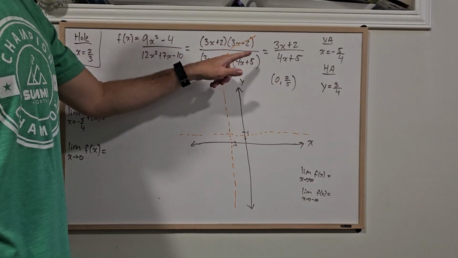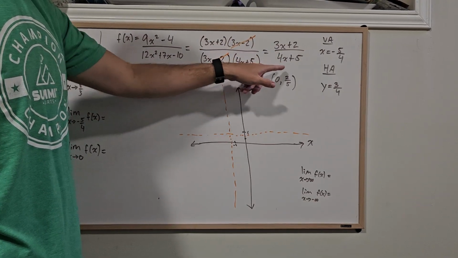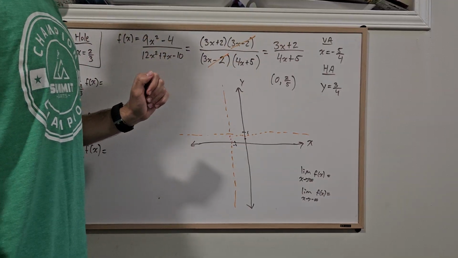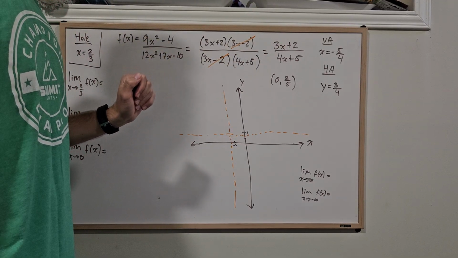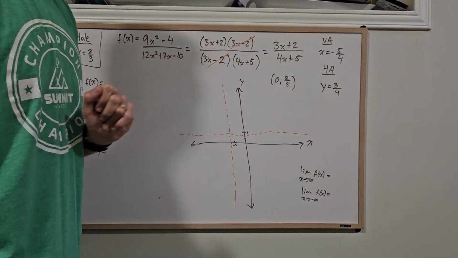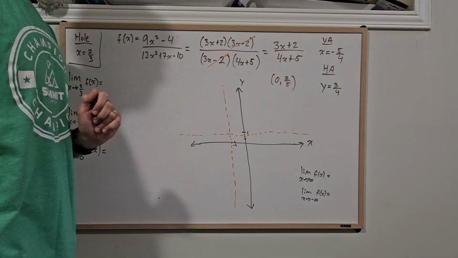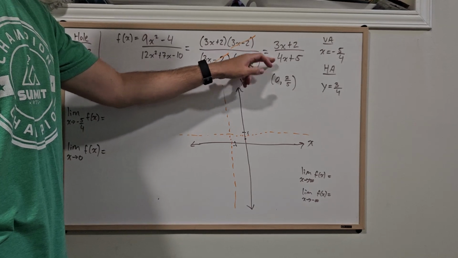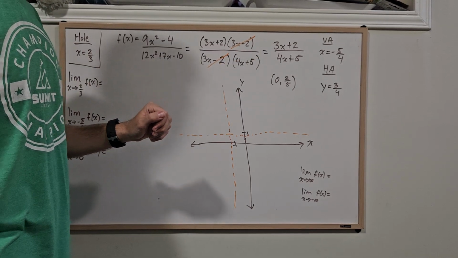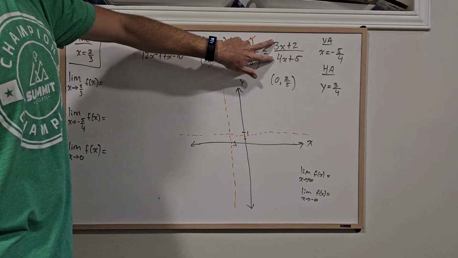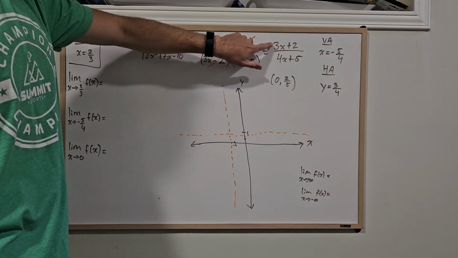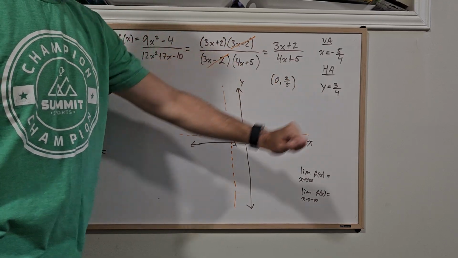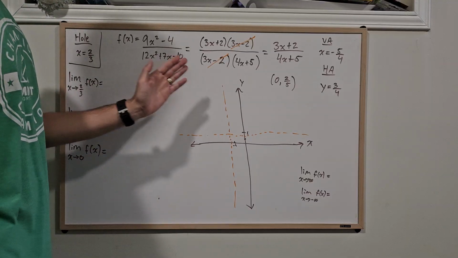The 5 moves over to the other side, becoming negative, and dividing through by 4 we have x equals negative 5 over 4 as our vertical asymptote. For the horizontal asymptote, if the degree of the numerator is the same as the degree of the denominator, the horizontal asymptote is determined by the leading coefficients, the 3 and the 4. So y equals 3 over 4 is our horizontal asymptote.